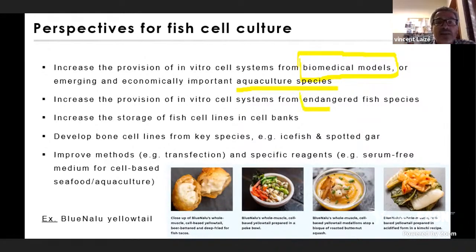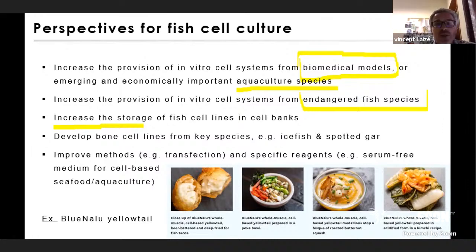I already mentioned that this is very important: to develop cell systems for endangered fish species to help preserve the genetic material from these species. We should, of course, increase the storage of fish cell lines in cell banks. I remind you that only 5% of the fish cell lines are present in the cell banks. It's not enough. We have to do better.